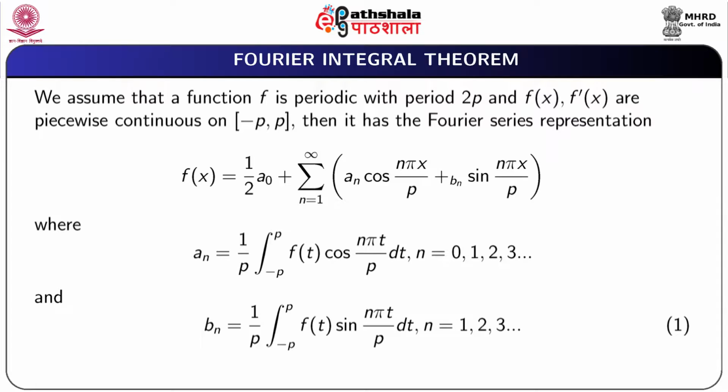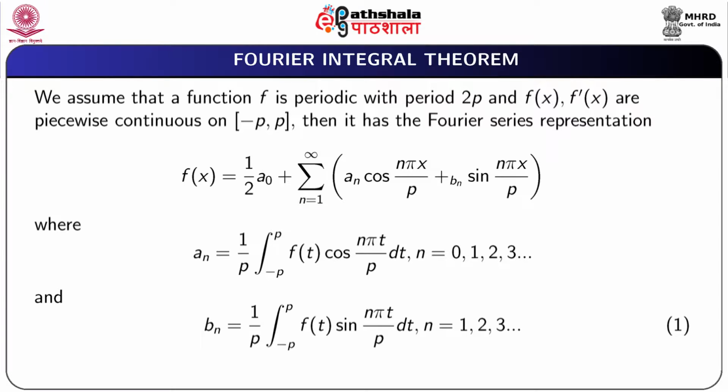We assume that a function f is periodic with period 2p, and f(x) and f'(x) are piecewise continuous functions in the closed interval minus p to plus p. Then it has the Fourier series representation in the form f(x) equal to a_0/2 plus summation n equal to 1 to infinity of a_n cos(n pi x/p) plus b_n sin(n pi x/p).